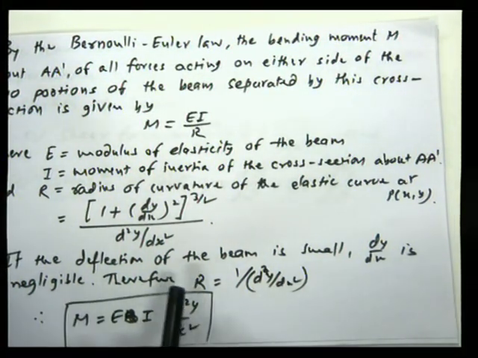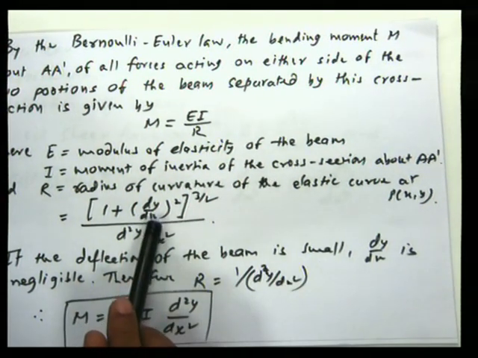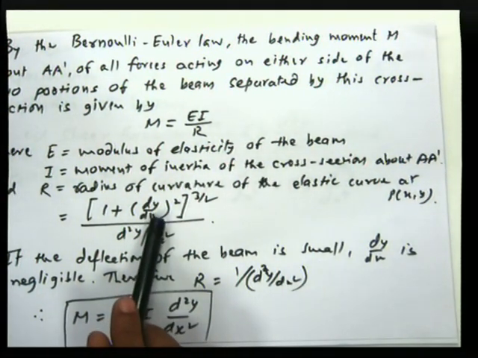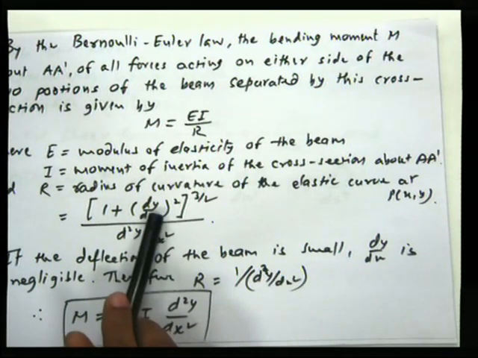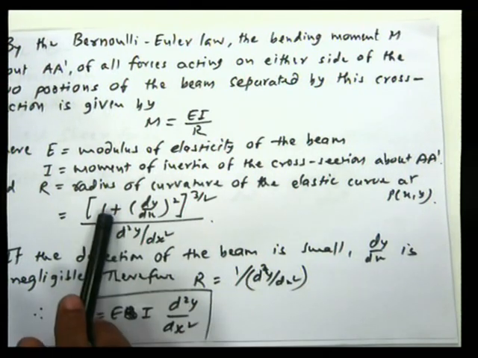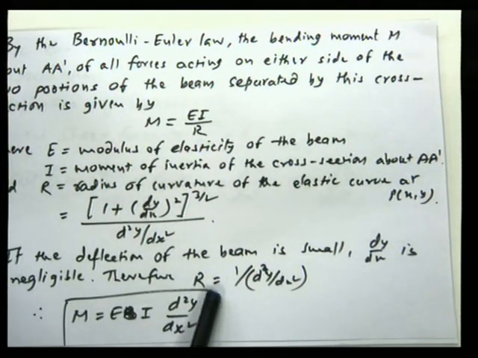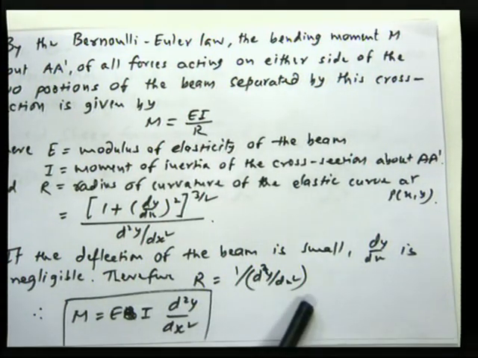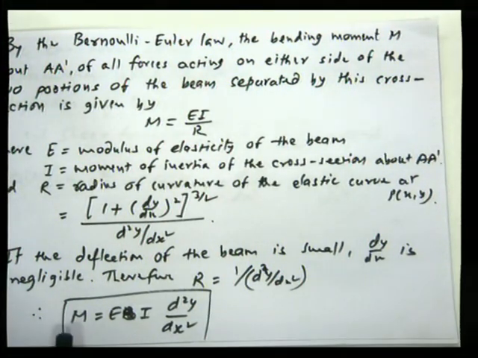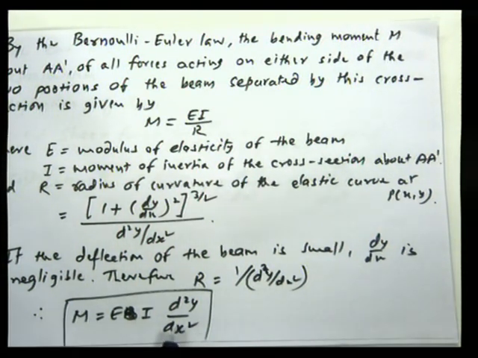If the deflection of the beam is small, naturally this dy by dx will become small, and so we can neglect this term. If we neglect this term, then the numerator will become 1, and R becomes 1 upon d2y by dx2, and we get the equation as M equal to EI times d2y by dx2.